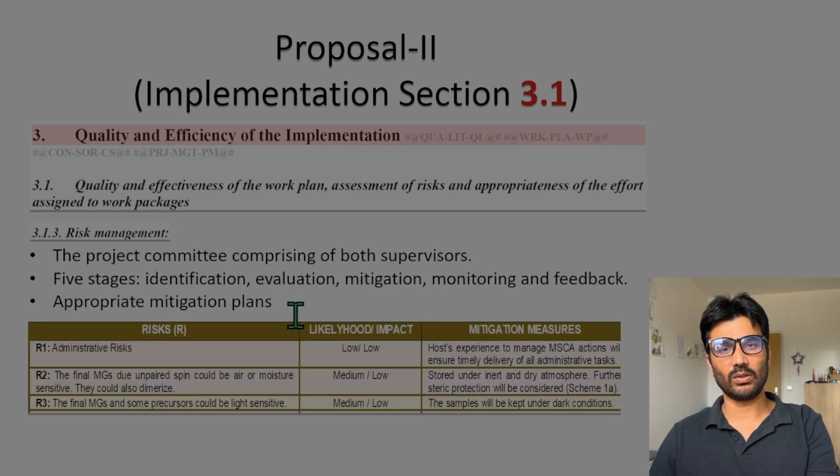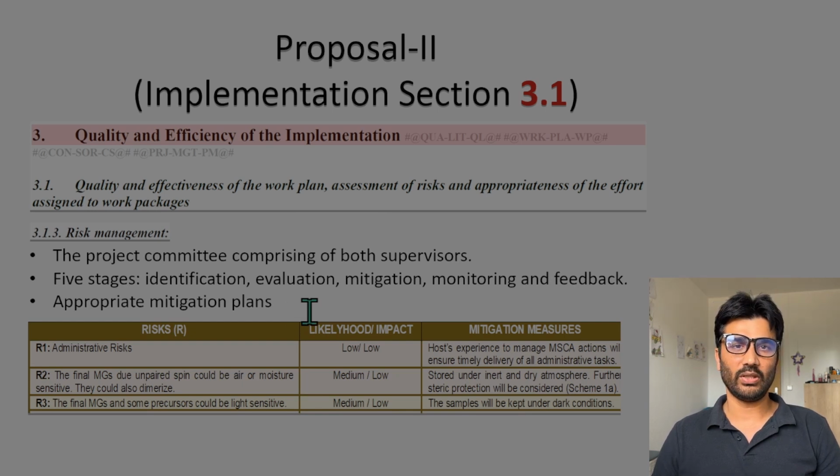Then it is about the risk management, the third section of 3.1. Here I mentioned that a committee will be formed that will comprise my both supervisors, my first host and my secondment host, and myself, and we will thoroughly evaluate all the possible risks.